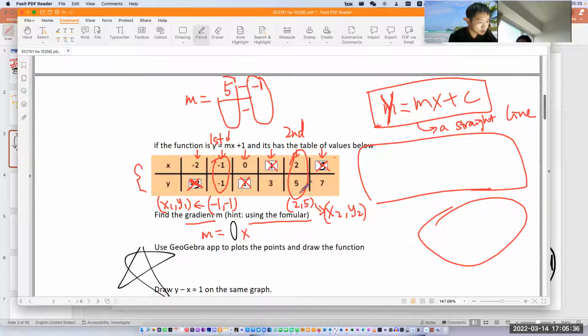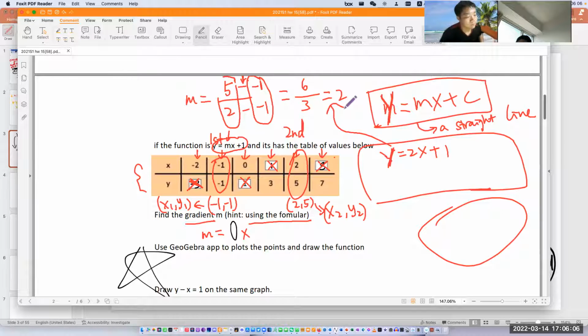Then x2, 2. x1, -1. So the minus sign is still valid here in between. So 5 minus -1, 6. 2 minus -1, 3. So the m is equal to 2. So in this case, your equation is y equals 2x plus 1, because your m is equal to 2, using the formula.